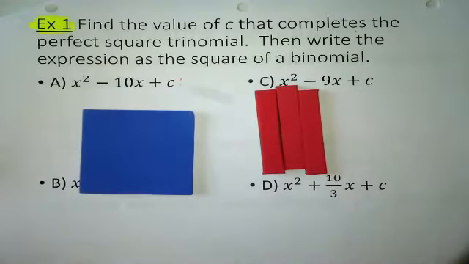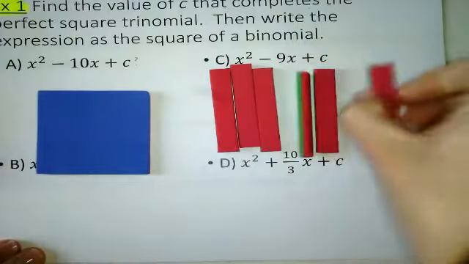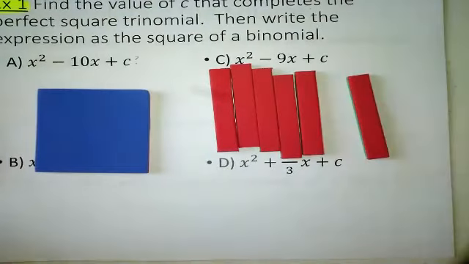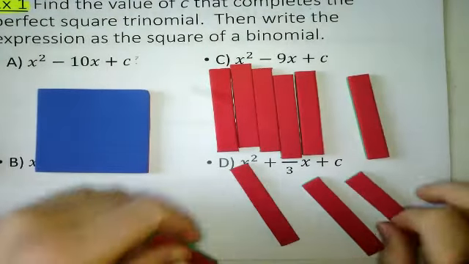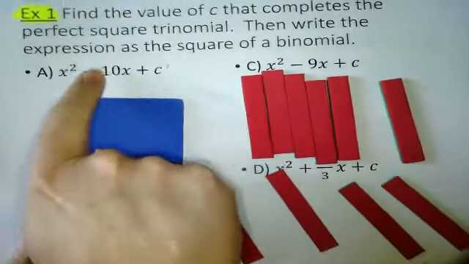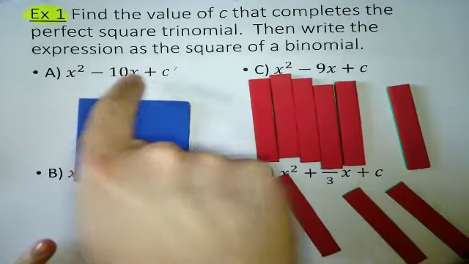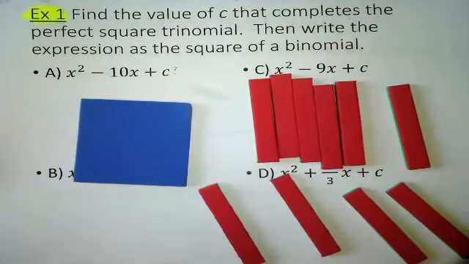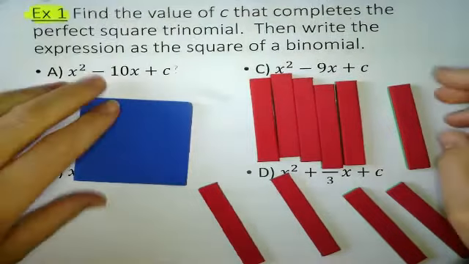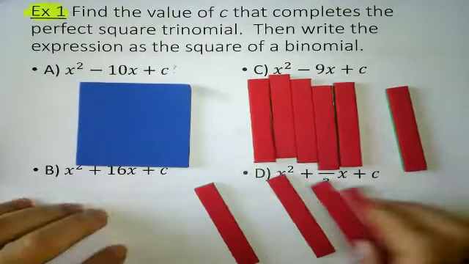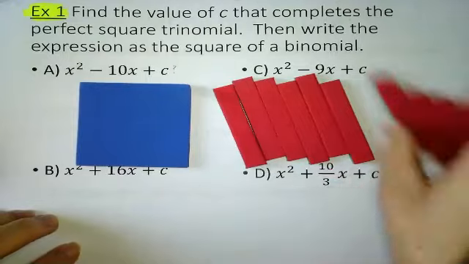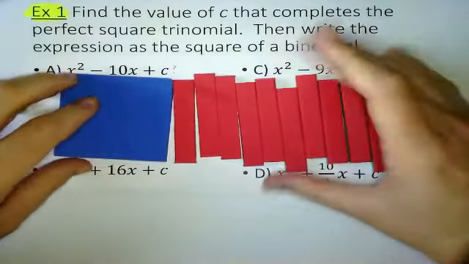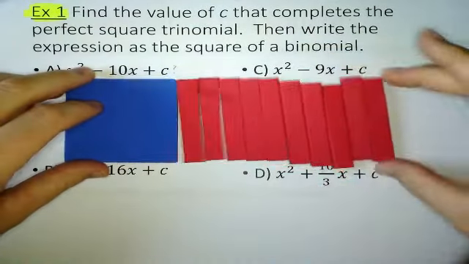So this is 1, 2, 3, 4, 5, 6, 7, 8, 9, 10. So x squared minus 10x plus c, we've got to figure out what number it is. What I want to do is actually complete the square. So I need to rearrange these pieces to create this square sort of thing. Well, obviously, this creates a rectangle, so this is no good.